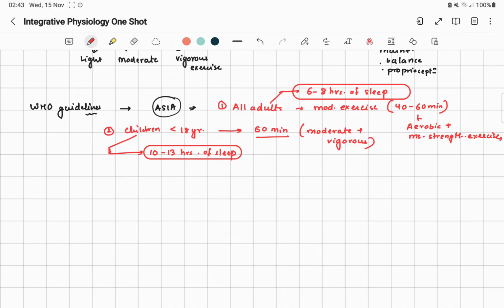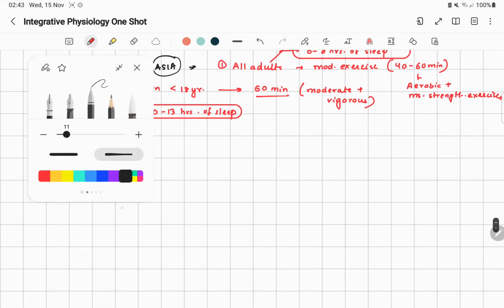Catecholamines will be increased, which will increase blood pressure and sympathetic activity and cause hypertension, heart disease, strokes. Then immunity will be suppressed, making you prone to infections. Mental health will be disturbed.